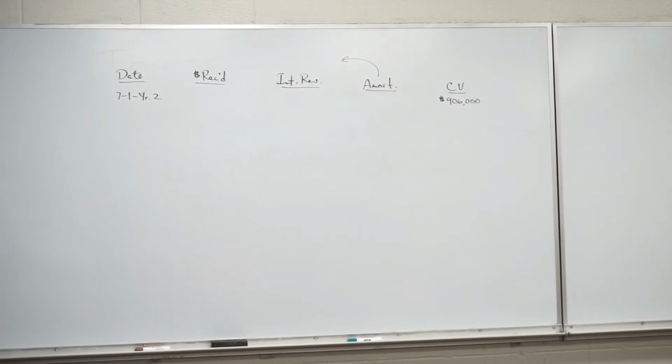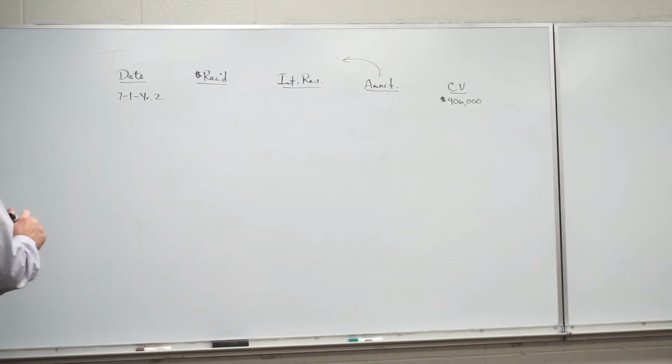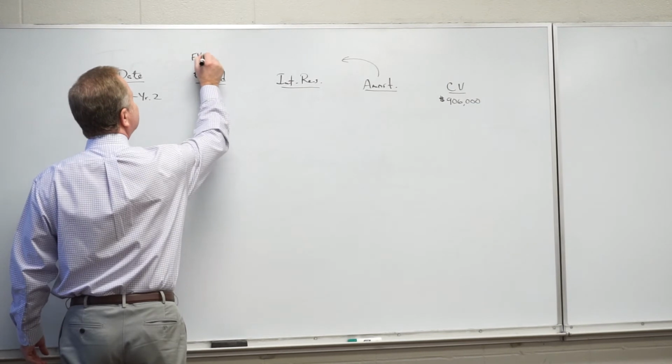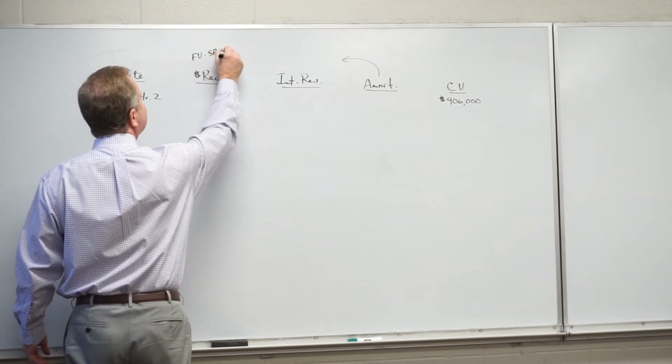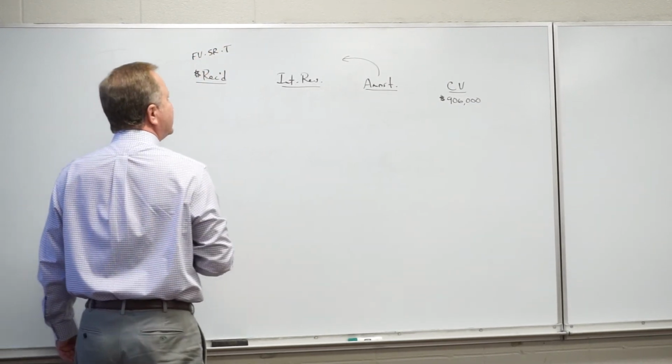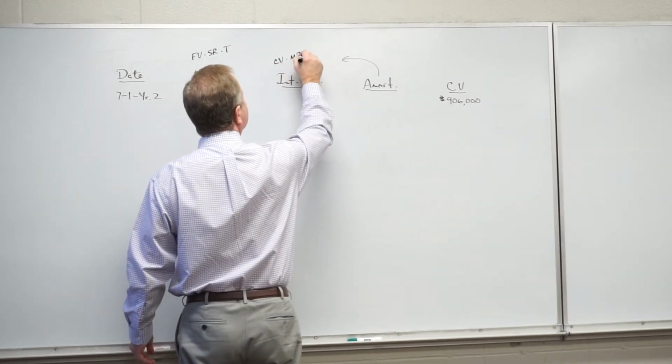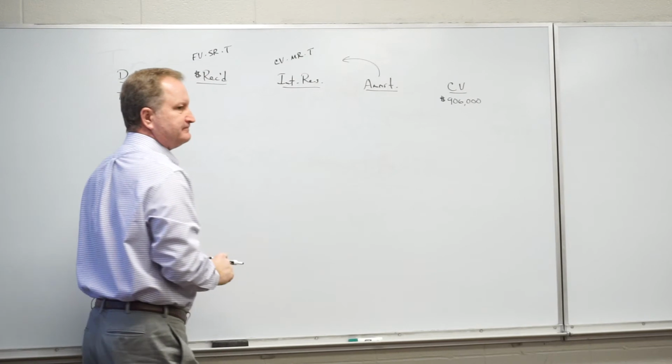So you paid 906 for it. All right, so now the cash received is face value times stated rate times time, and the interest revenue is carrying value times market rate times time.